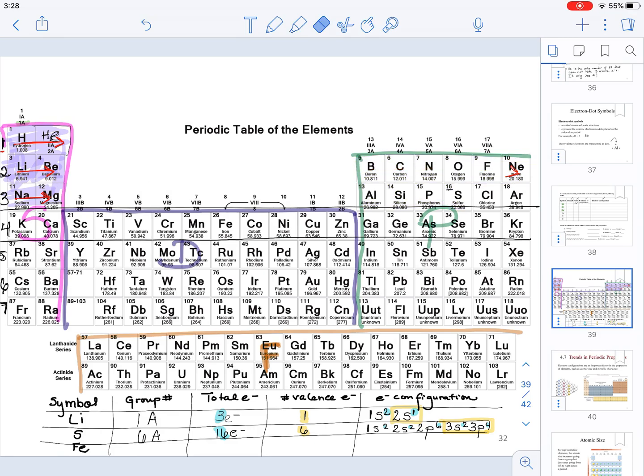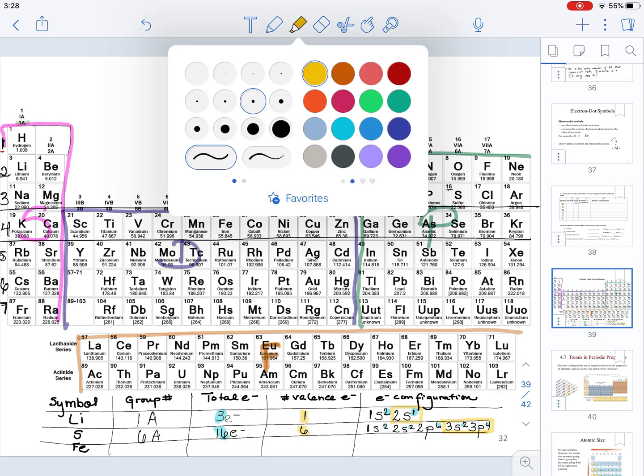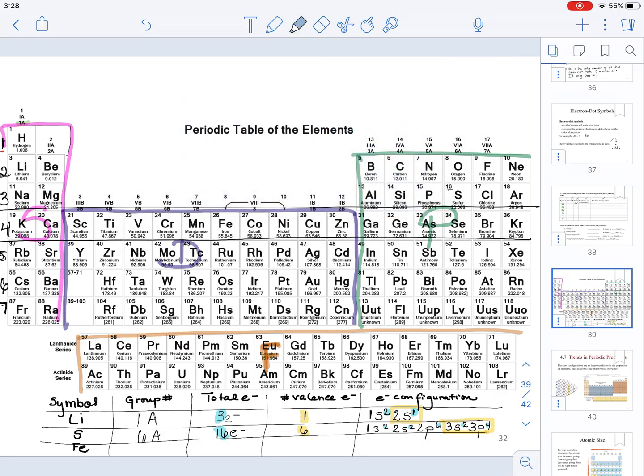Let me just erase this work that I have here for sulfur, and let's move on to iron. So let me highlight iron. Iron lives here.